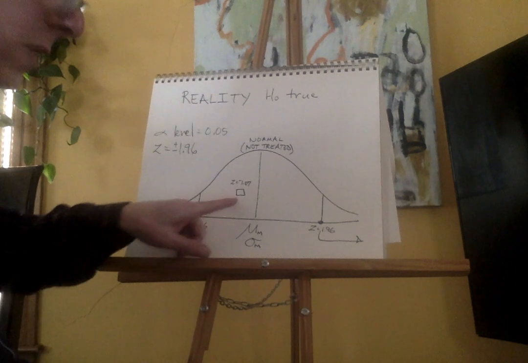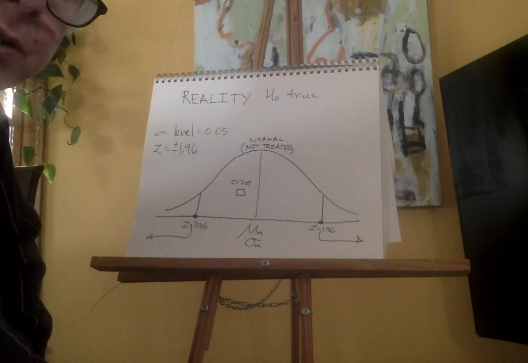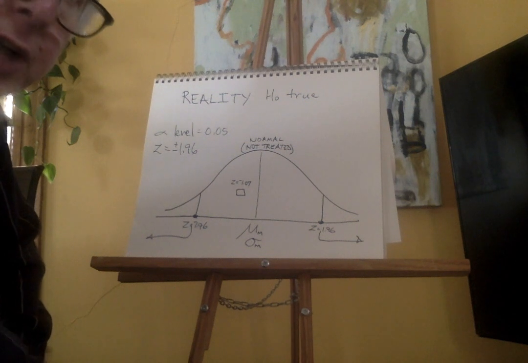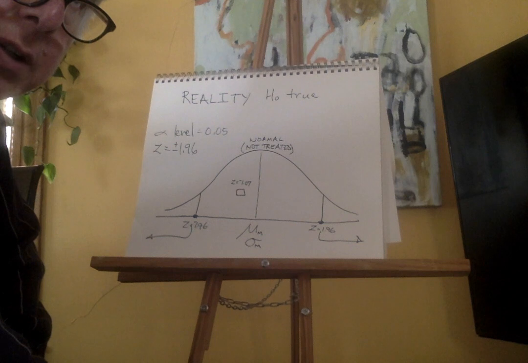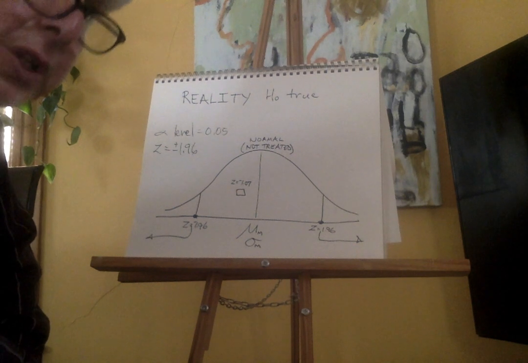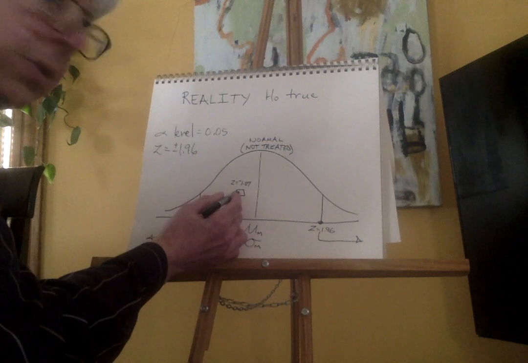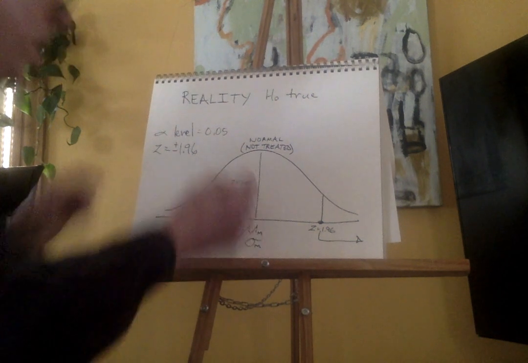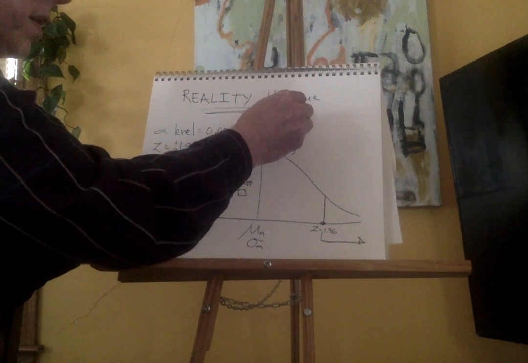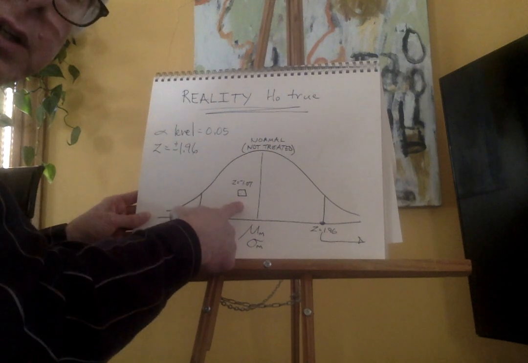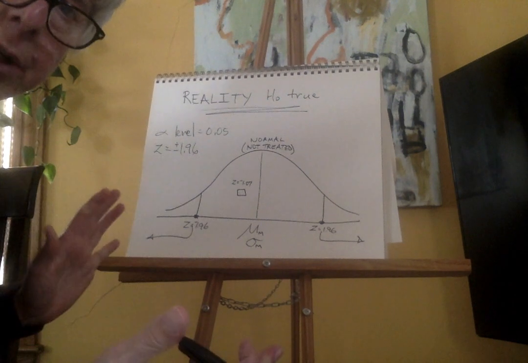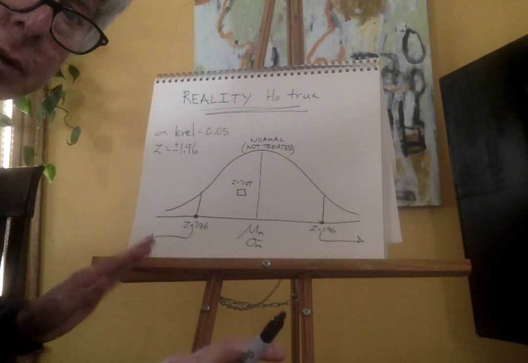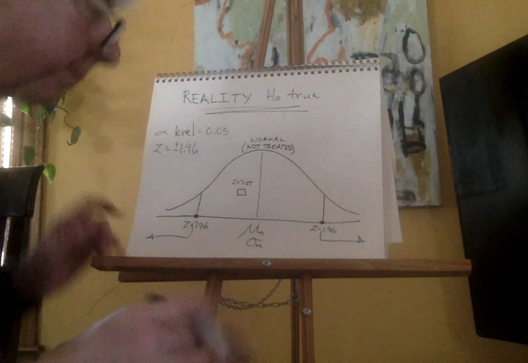If the researcher gets that sample, what is the researcher going to do? Reject the null or fail to reject? That is correct. They're going to fail to reject the null, okay? If this is the reality, and I fail to reject the null, then we're good. We're correct, okay? Let's move on.